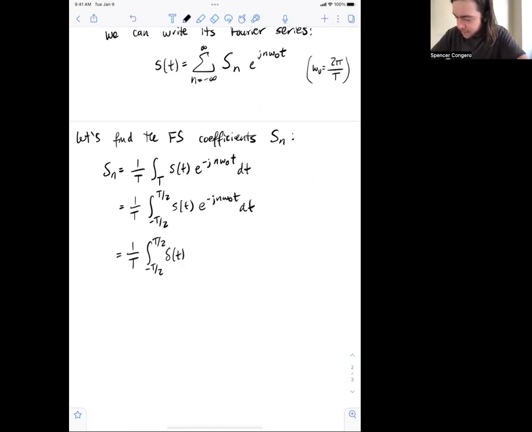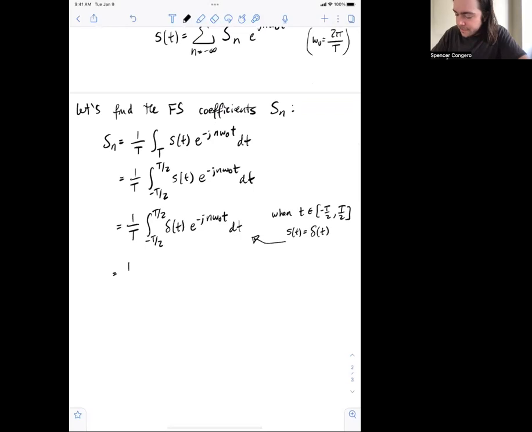Delta of t, e to the negative j n omega naught t, and I'll just write it over to the side: this is when t is in that range. s of t actually just equals delta of t in that range. That's how we were able to do that.